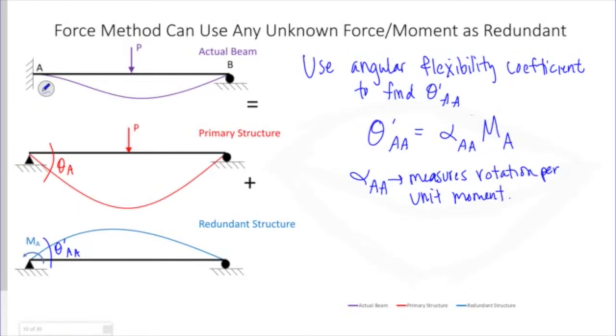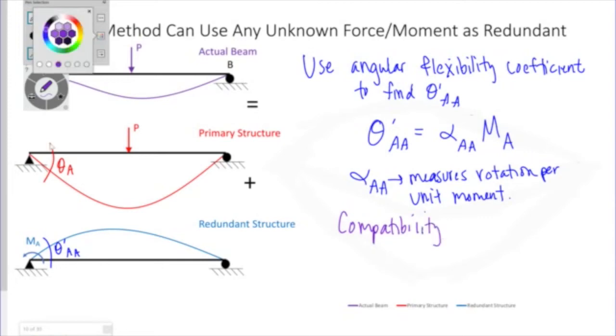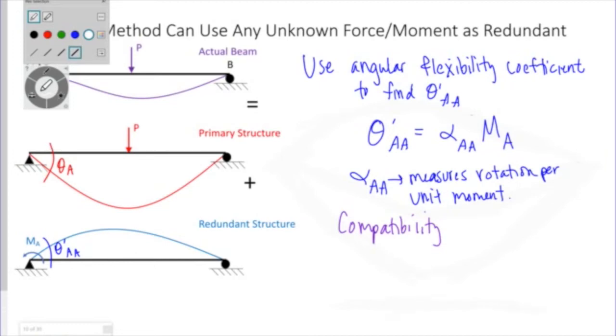Now, if I go back to my compatibility, I want my rotation at A in my primary structure plus, now instead of the rotation at A due to my unit moment at A, I'm going to put my angular flexibility coefficient times my moment.